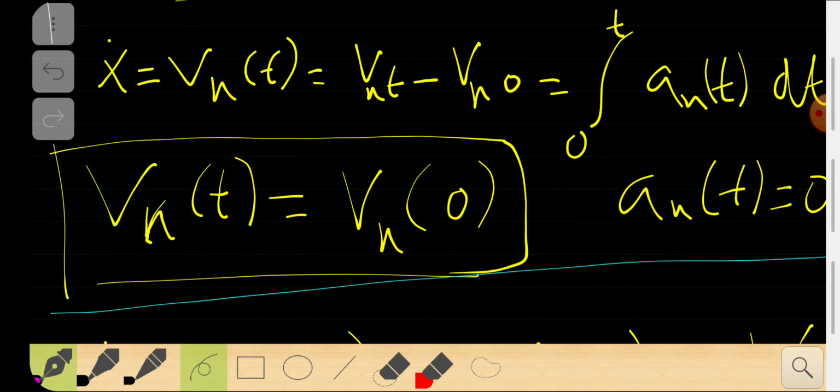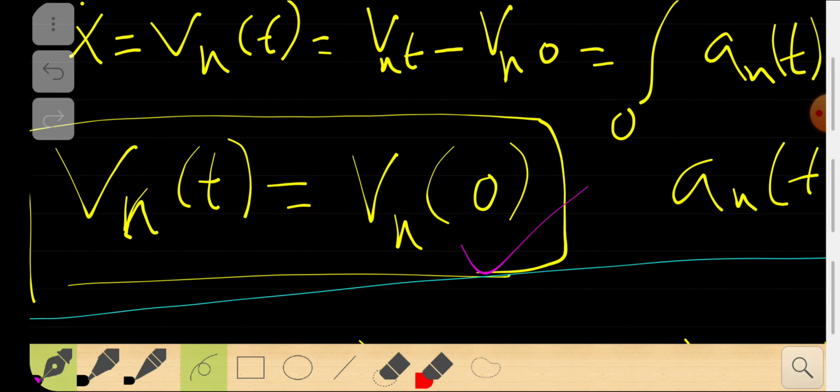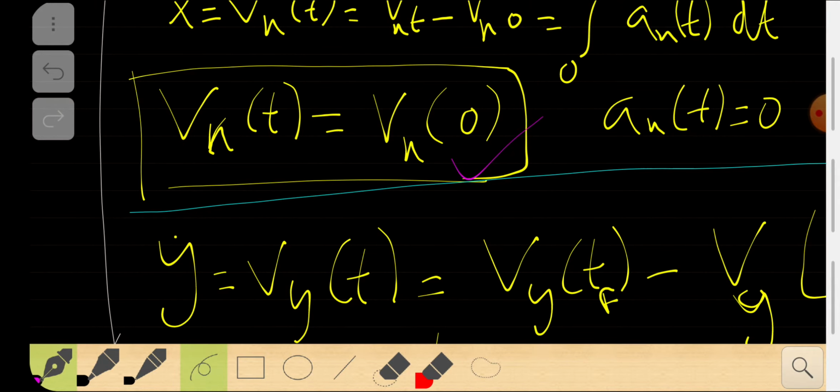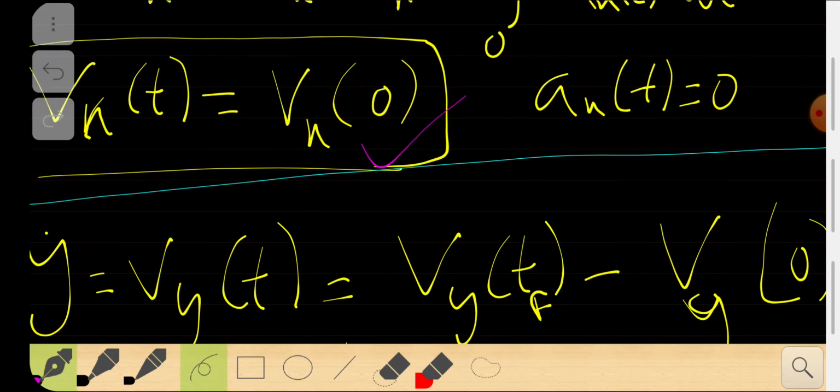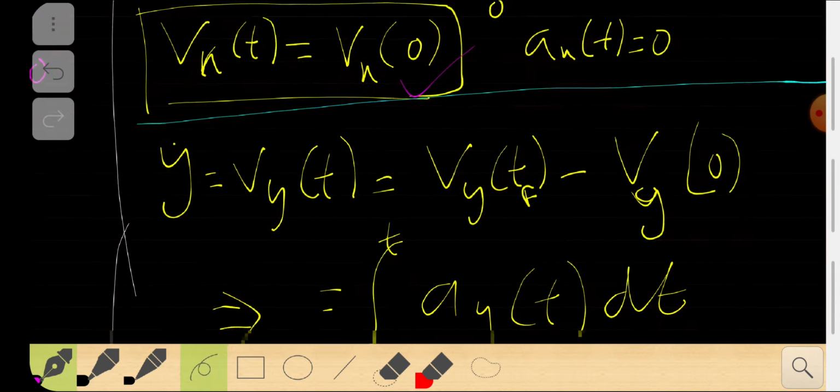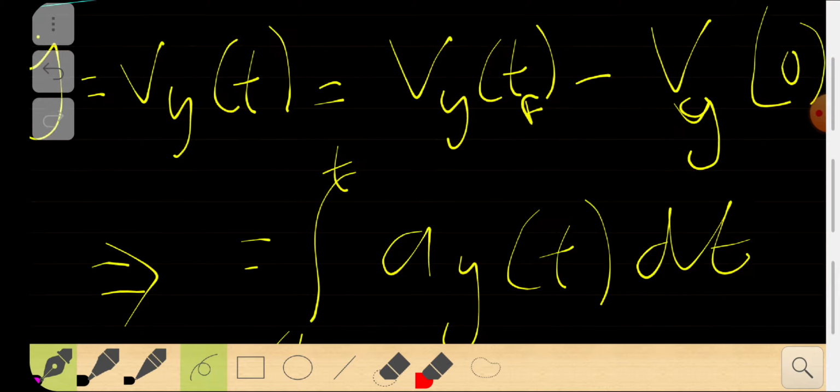That means v of x at t final will be equal to v of x at t equal to 0. In the x direction, there is no change in velocity. That's a very good factor that you can deduce from the principle of integration itself.